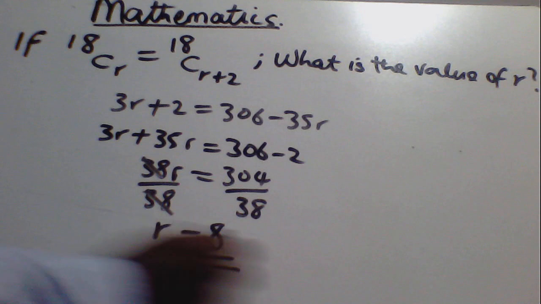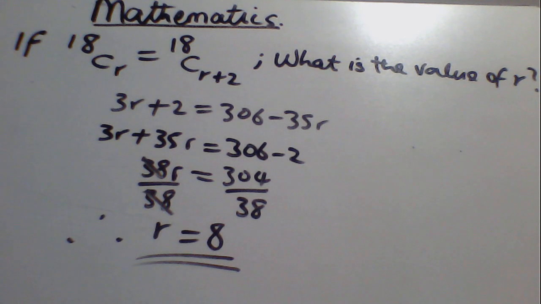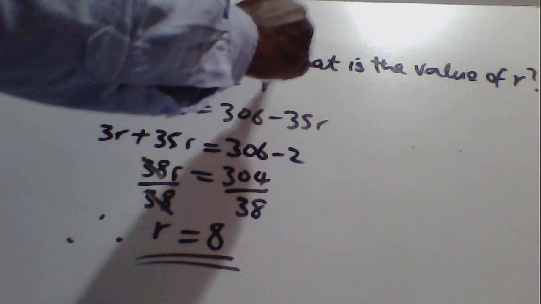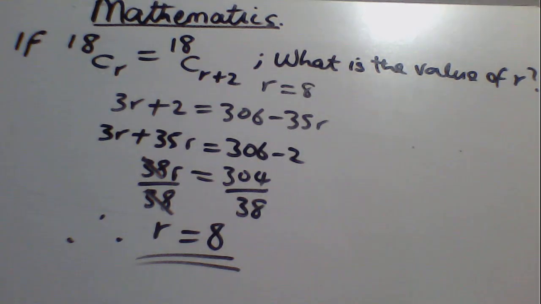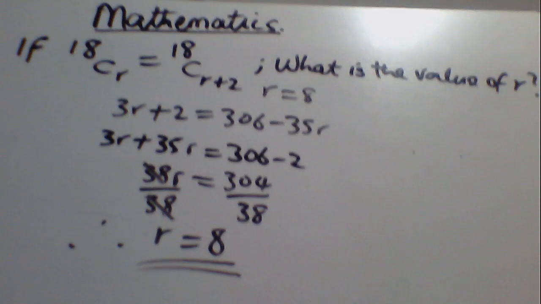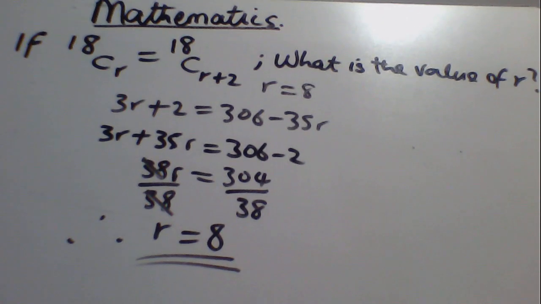Therefore R is equal to 8. You can check the value of R here. R equals 8. Wherever you see R, you put 8 and solve it. Solving it, you see that the left hand side is equal to the right hand side. So this is where we stop. This is the answer to the given question.